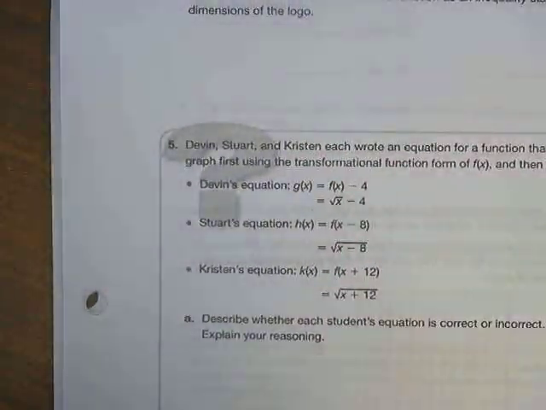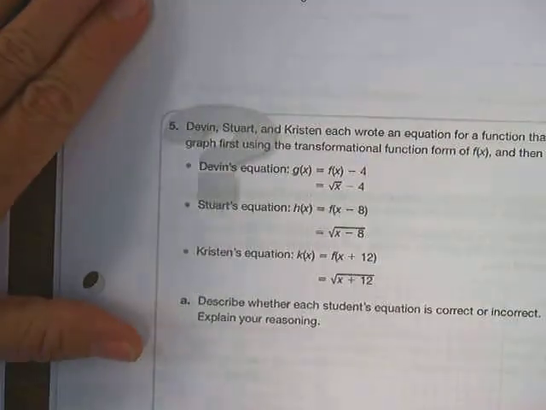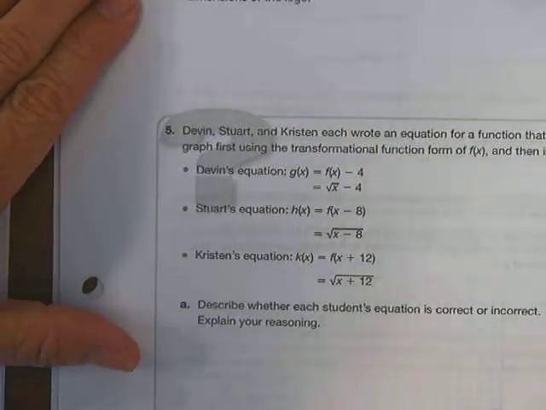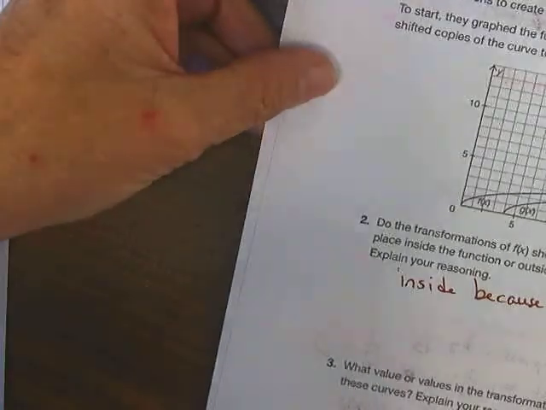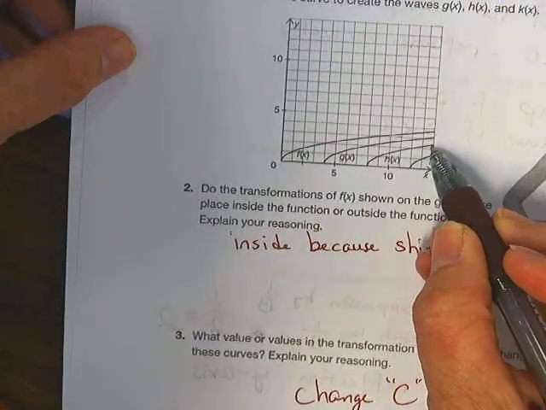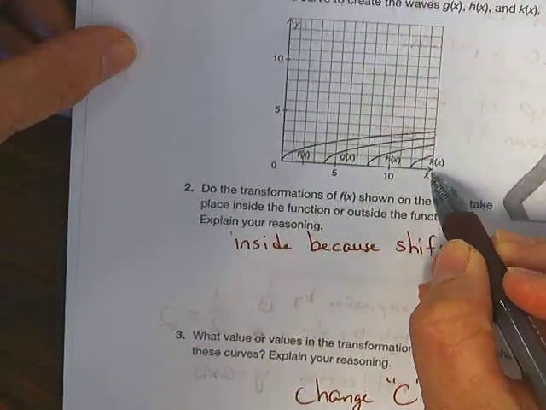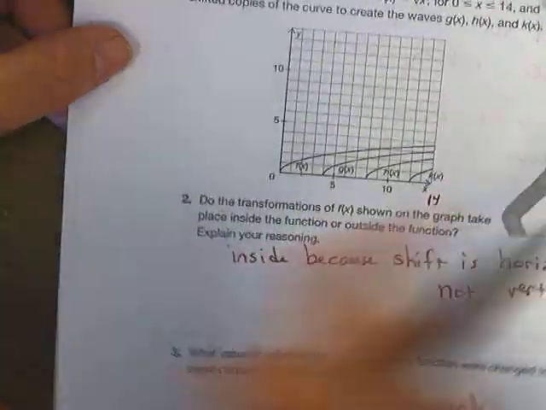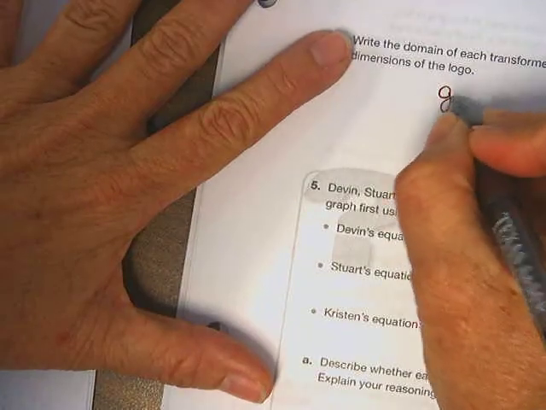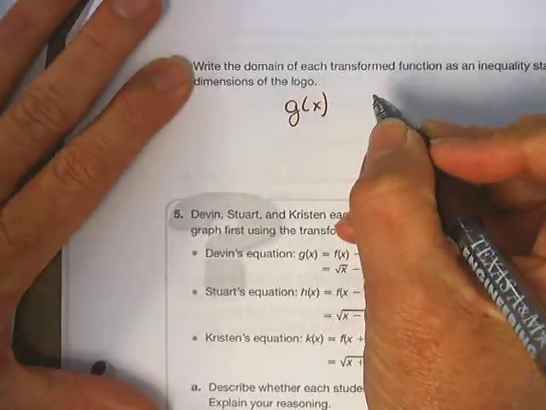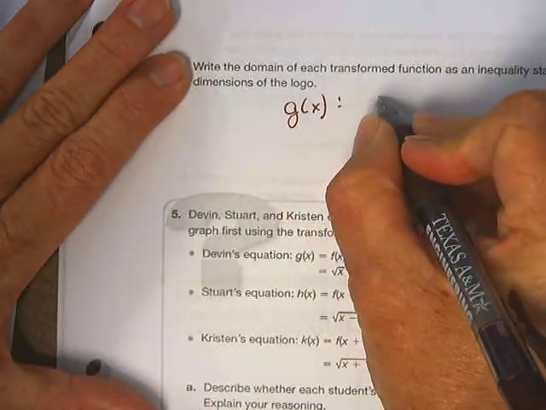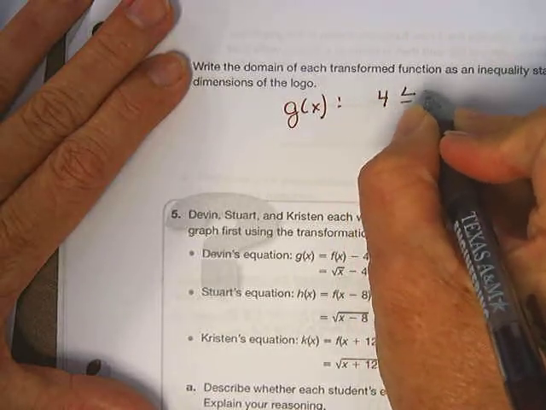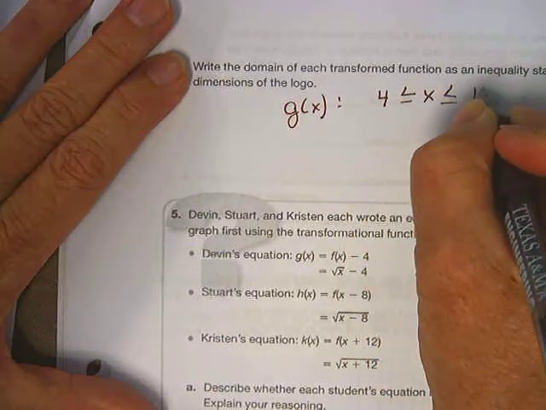Okay, let's take a look. Let's write the domain of each transformed function. Okay, so again, we're not allowing our functions to go off the page here. We're saying they actually end at this point, and that value is 14. So let's take a look. Our new functions, we have g of x. So its domain goes from 4 is less than or equal to x is less than or equal to 14.